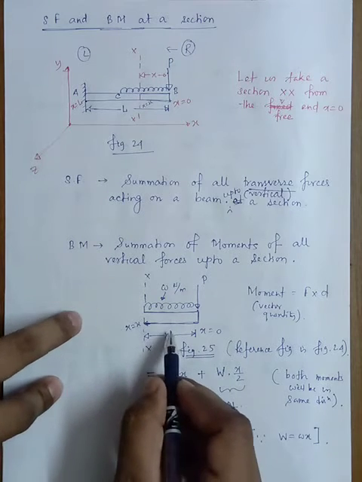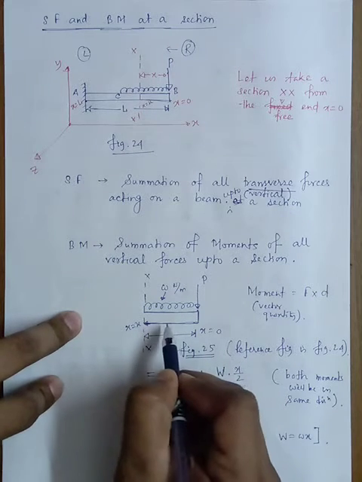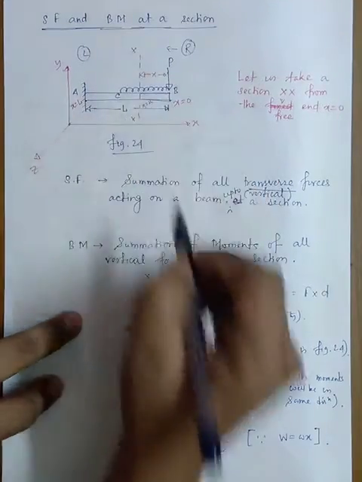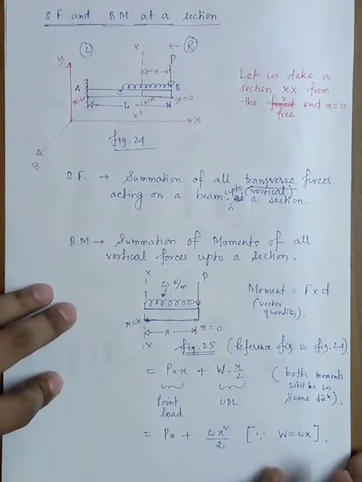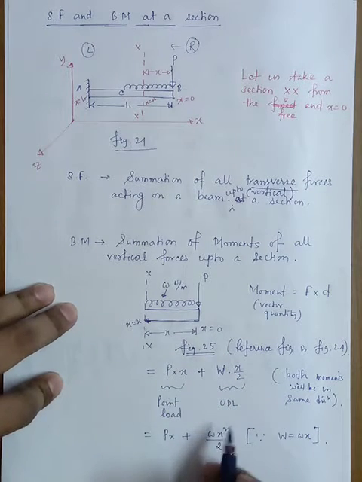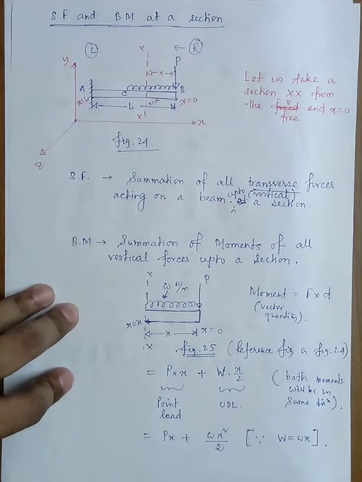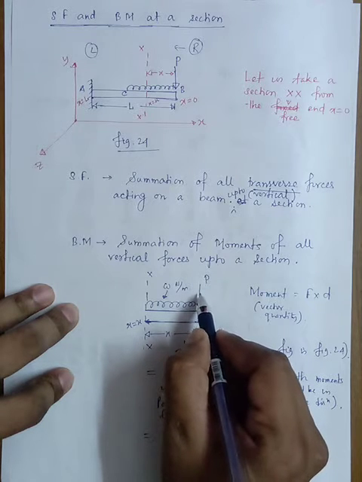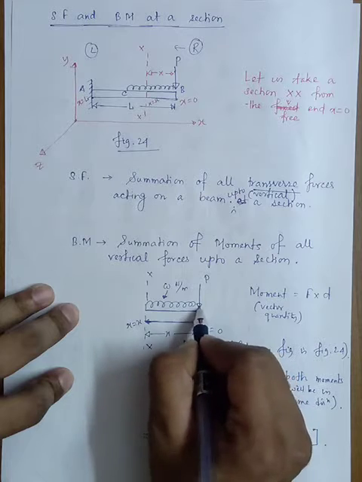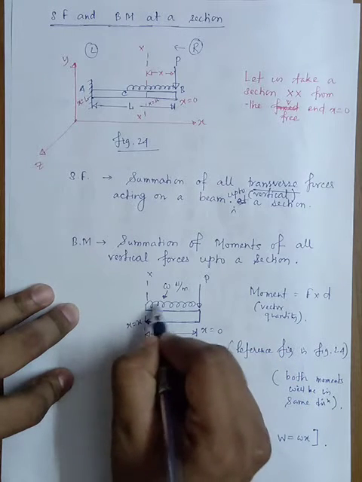So if you want to calculate the bending moment up to this section, meaning the value of the bending moment at an arbitrary section, you can calculate it this way. What are the vertical loads? This P is the vertical load at this point, and the UDL.